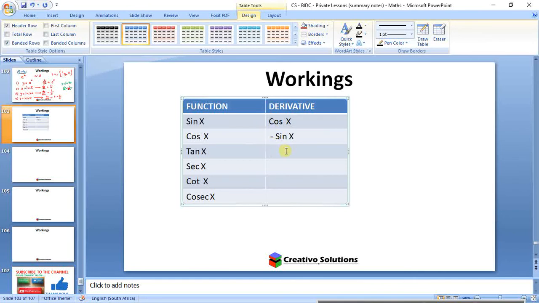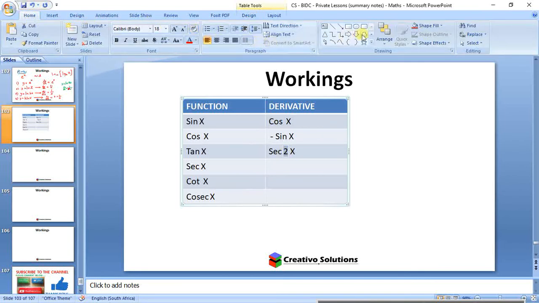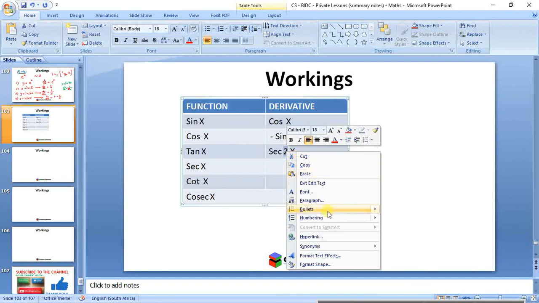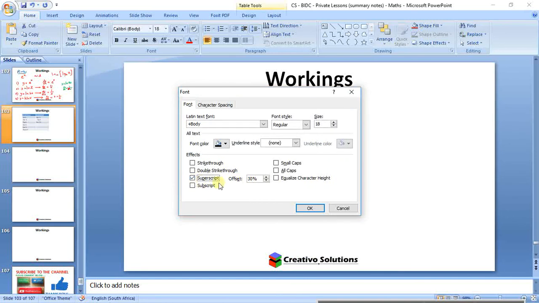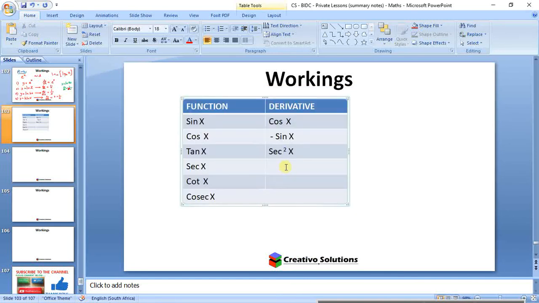The derivative of tan is sec squared x. That's a different one. Then sec will be sec x tan x.